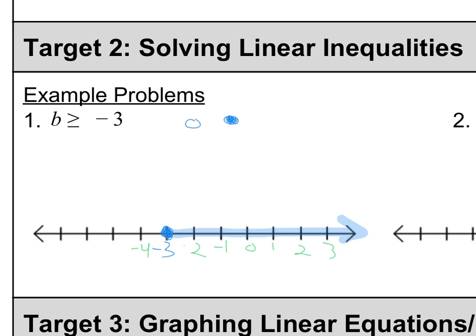Little life hack, if you will, if your variable is on the left-hand side and you're confused on which way to shade, this inequality symbol almost makes like a little arrow telling you the direction of shading. So in this case, we'd shade to the right. All right, onward we go.